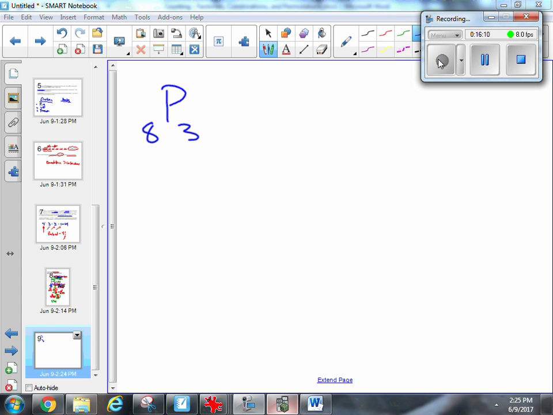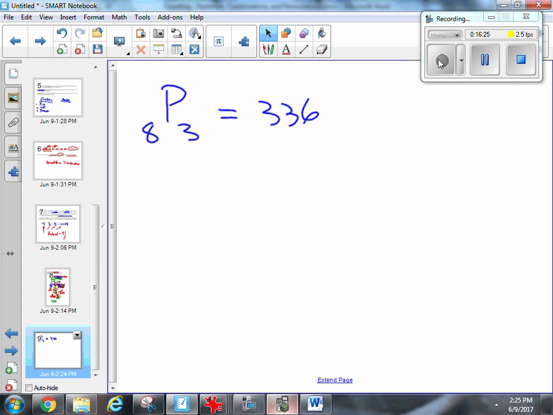Well, from our race example, we know that equals 336. There's 336 ways that might happen out of the 8 runners. But really, if you're thinking about races, yes, I'm concerned. I want the first, second, and third place finishers. They're all going to go to the state meet.